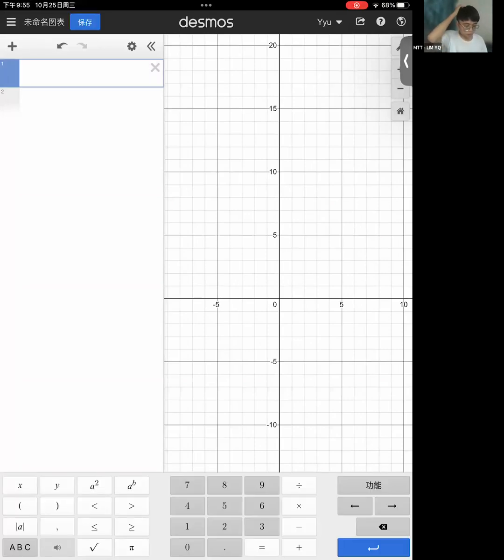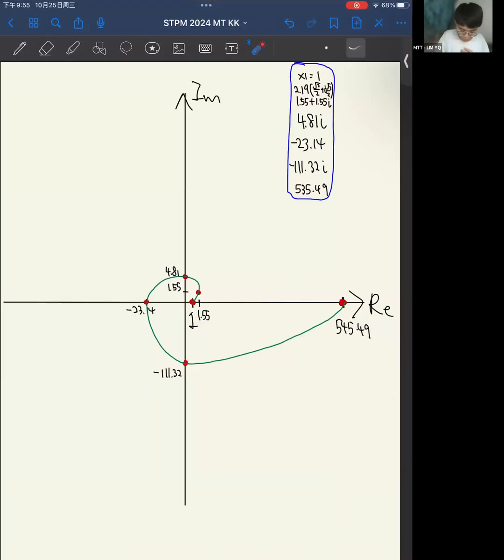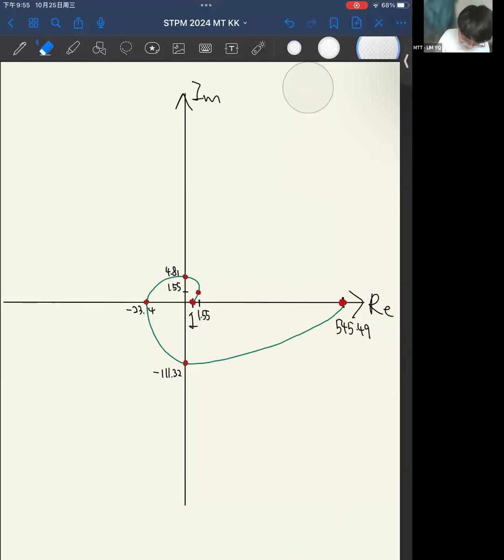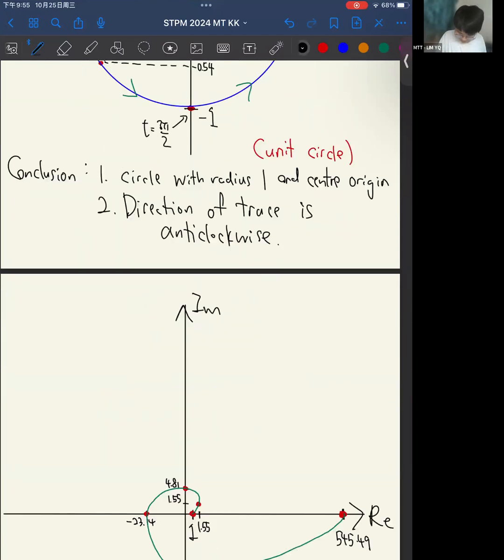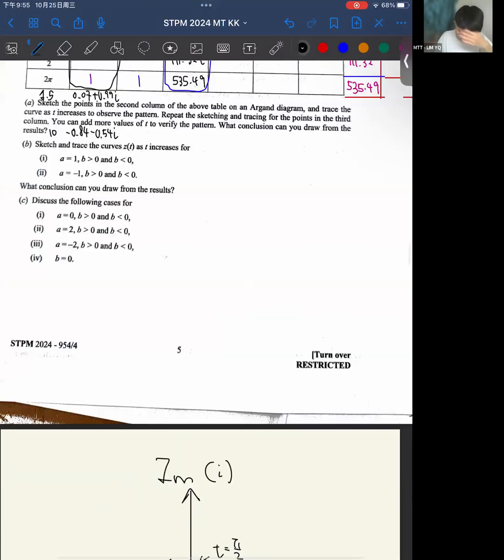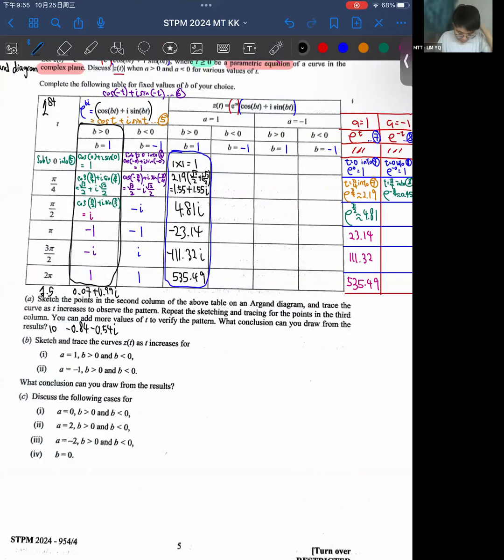How to draw a parametric curve? Now, what is your parametric curve? For this case, A equals 1, B greater than 0, right? We choose B equal to 1, so A and B both equal 1. So z(t) equals e^(at) times cos(bt) plus i sin(bt).